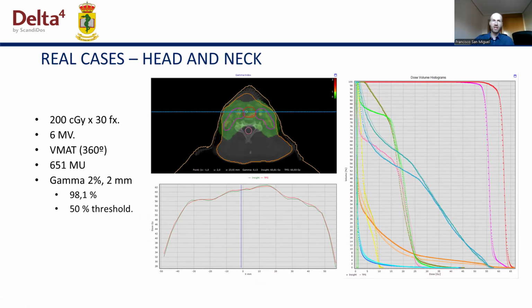In this specific case, the geometry is slightly more complex as there are more bony structures close to the PTV as well as air cavities. As can be observed, the gamma criterion result was 98.1%, and once again, the dose volume histogram results are very similar.